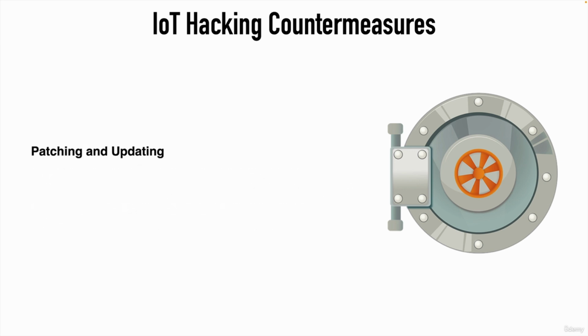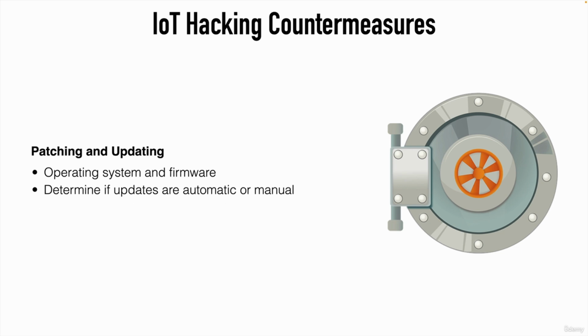And last but not least, ensuring that we are patching and updating our IoT devices, including the firmware. We should have an understanding of whether or not these devices will automatically update, or if they require user intervention. Because many of these devices aren't in our faces all day long, so to speak, we may not receive timely alerts as we would maybe with a desktop or a mobile phone.